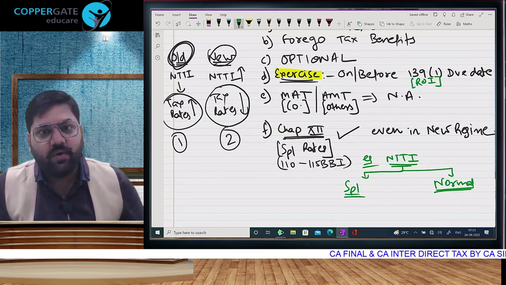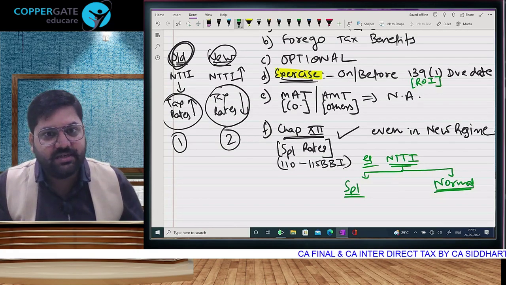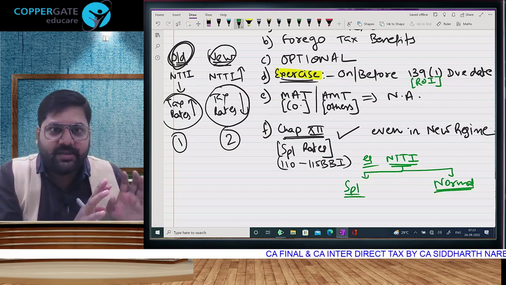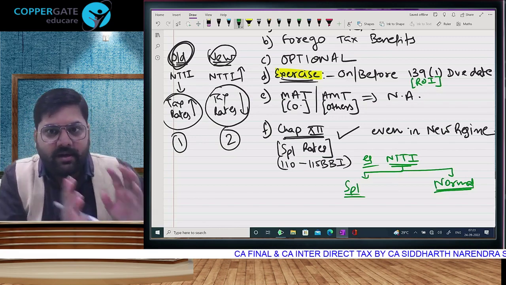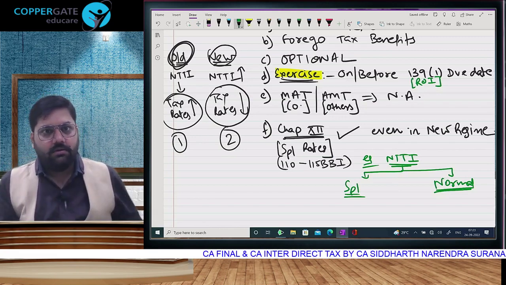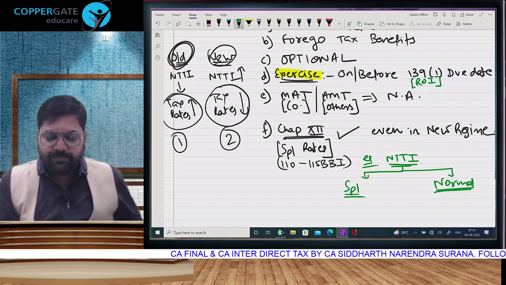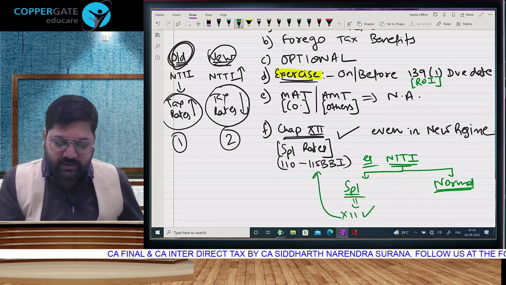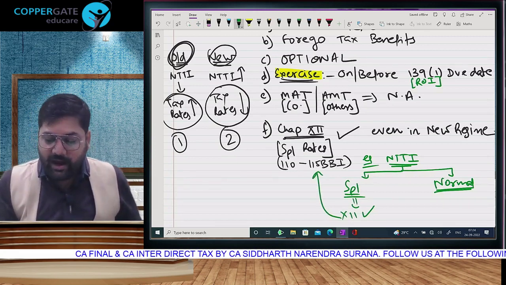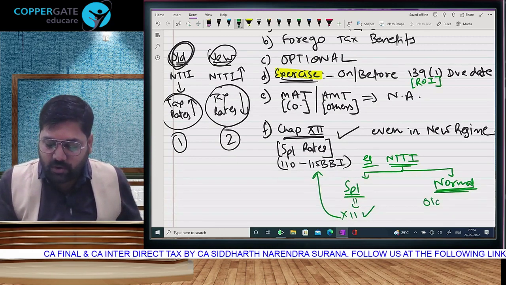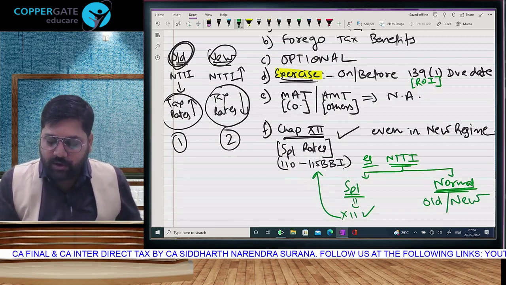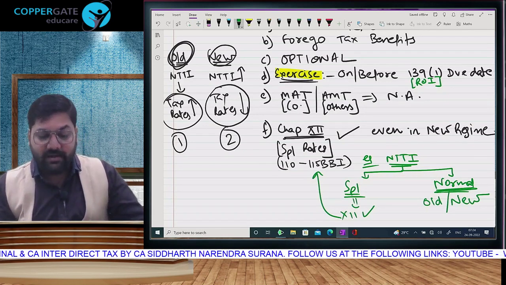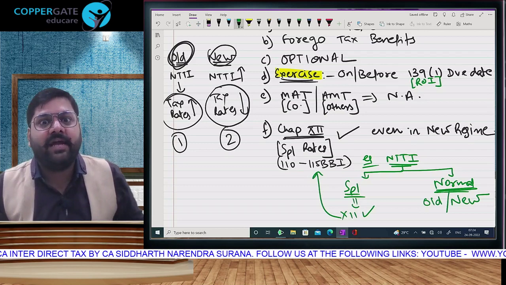Is that what we were doing even while we applied our slab rates initially? Normal income, normal rate, special income, special rate. Correct hai? Special income ke upar we will apply the rates of chapter 12 always. And for this normal income, mitro, you can choose old or new, whatever you are comfortable. This is what I mean by my point F.